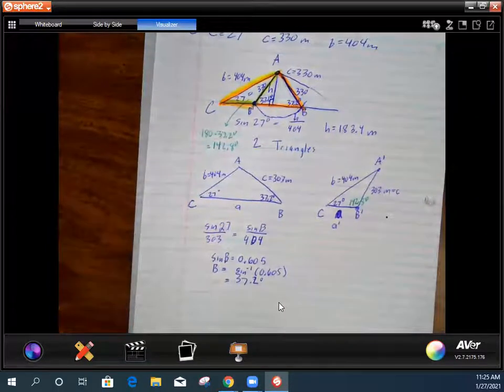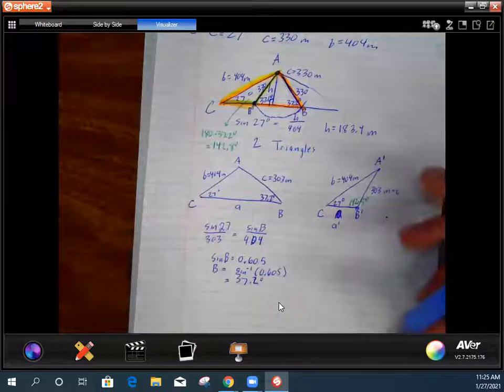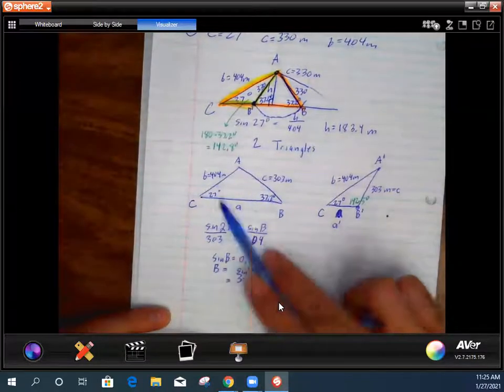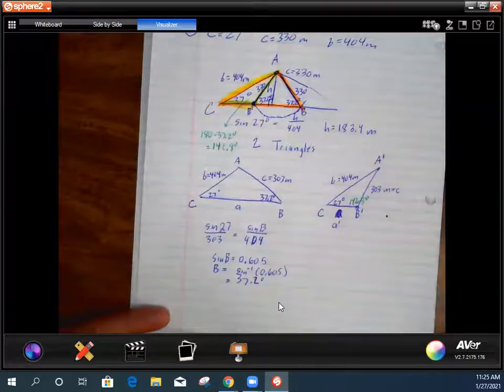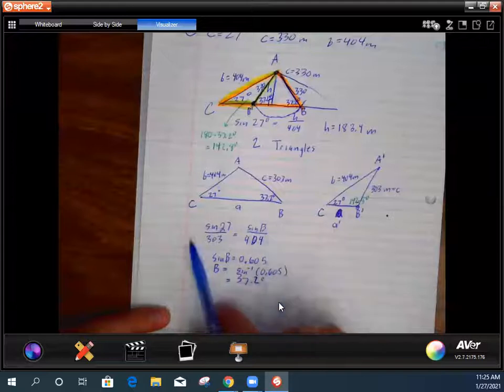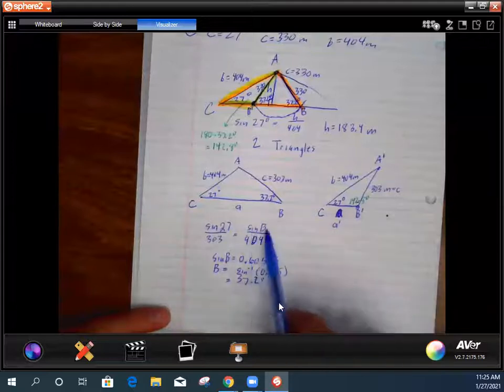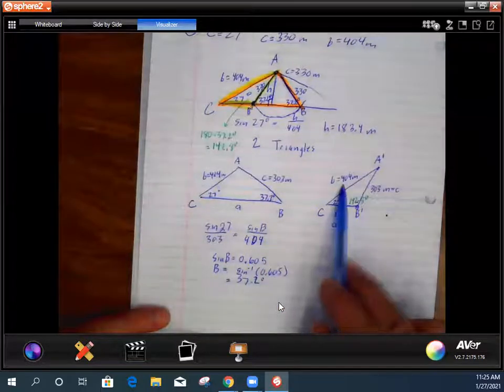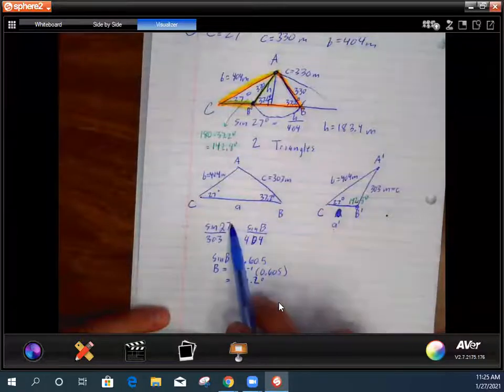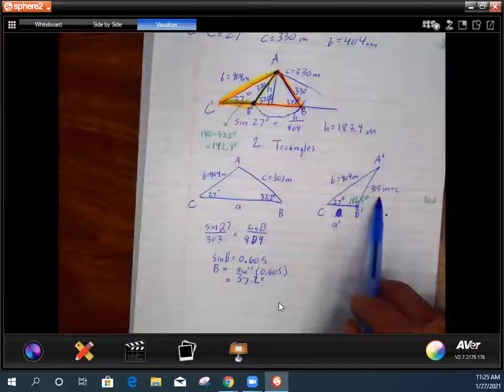And now I could just finish solving them using the law of sines. But just to point something out that I pointed out earlier, if you were ignoring this triangle here and just trying to solve this one first, you would set it up the same exact way as you would right here. You would say the sine of B over the side across from B is equal to the sine of C, 27, divided by the side across from C, 303.